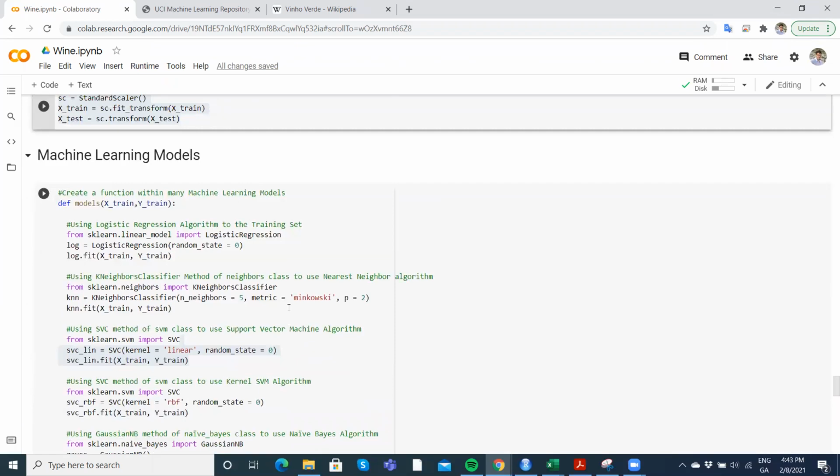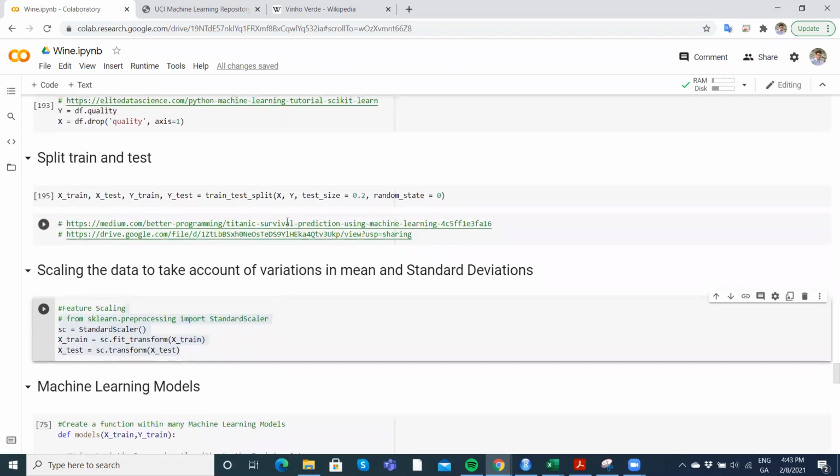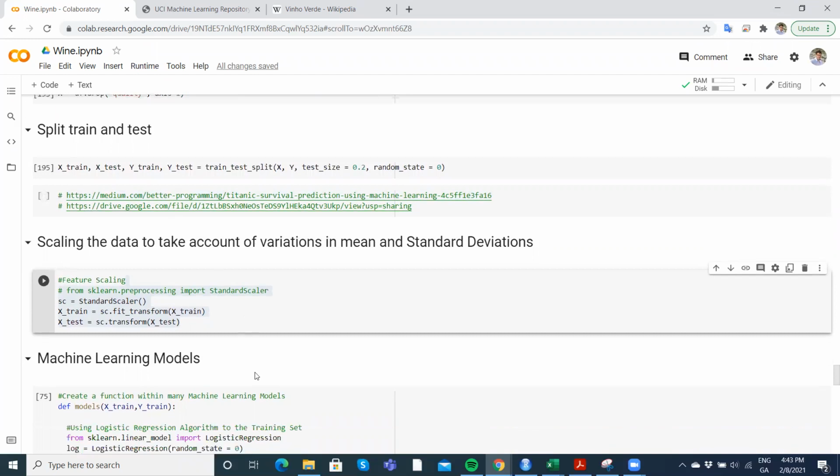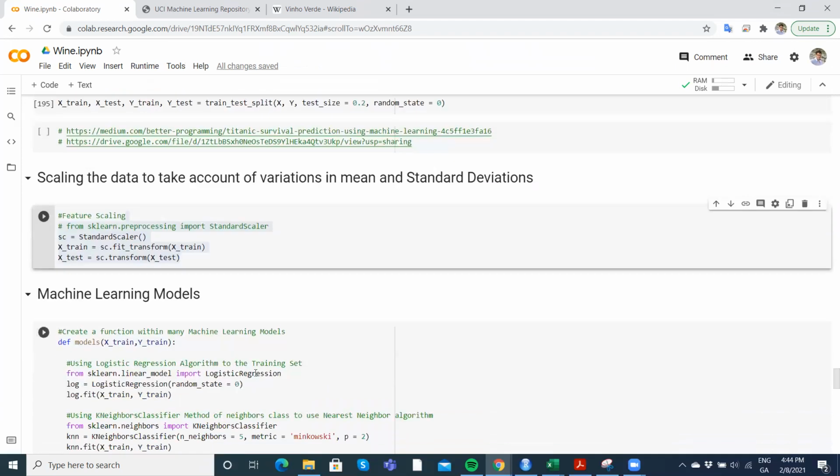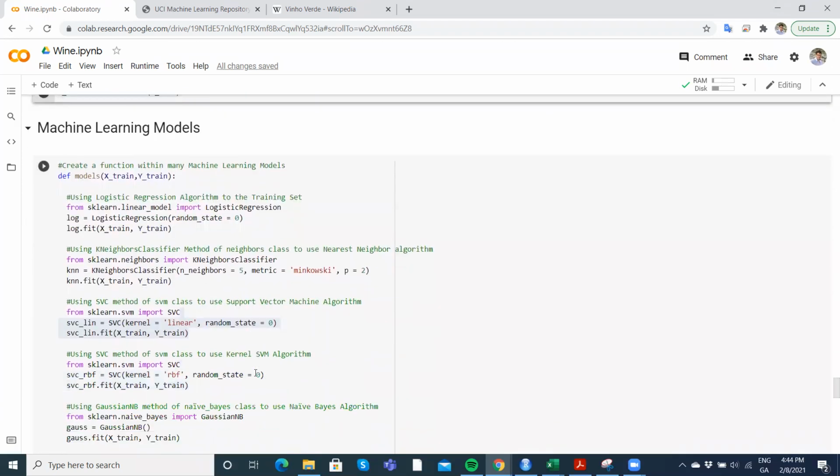So what follows then is based on this article that I used here. It might be no harm that you take a look at the Titanic data set and how we use machine learning to classify and make predictions about survival and perishing.